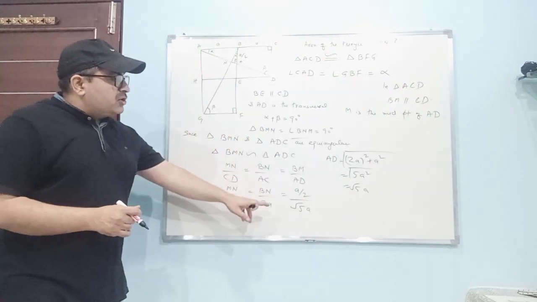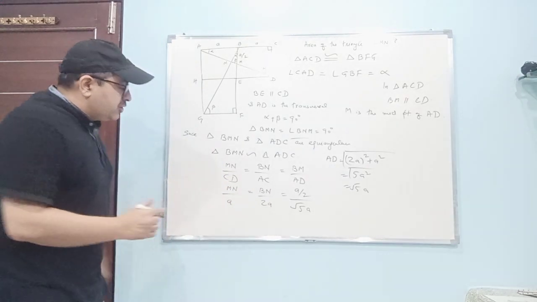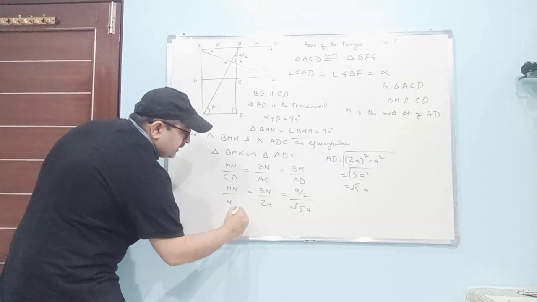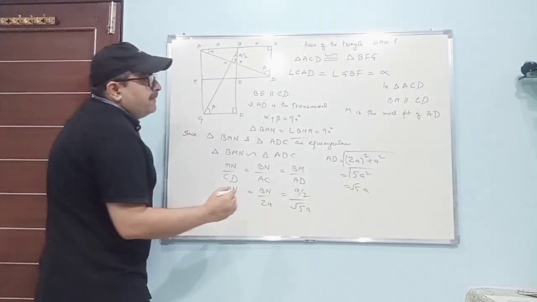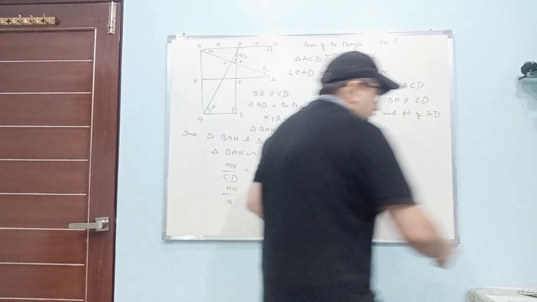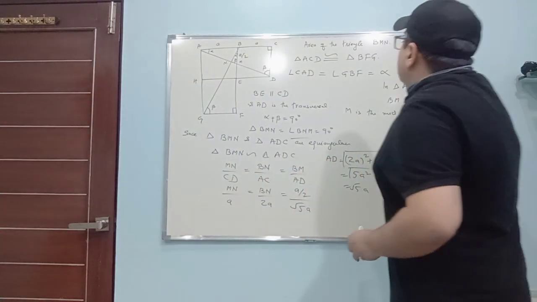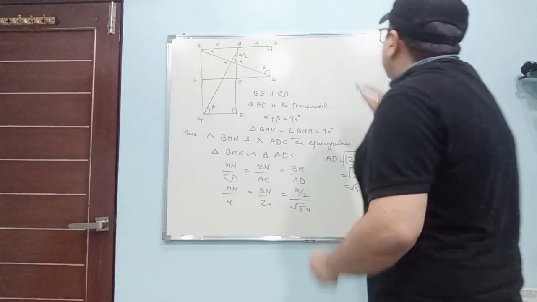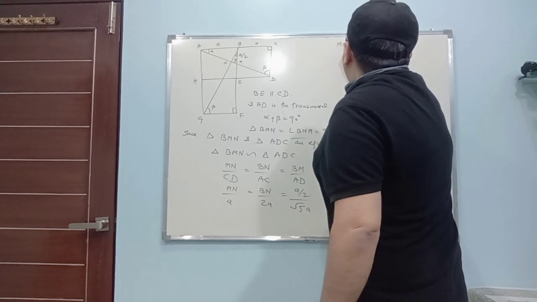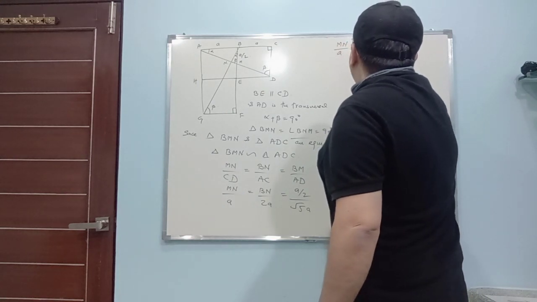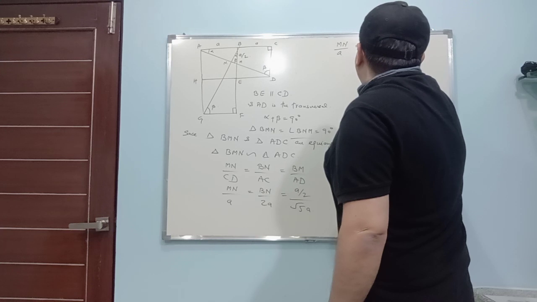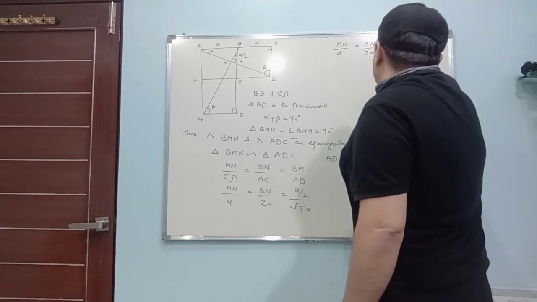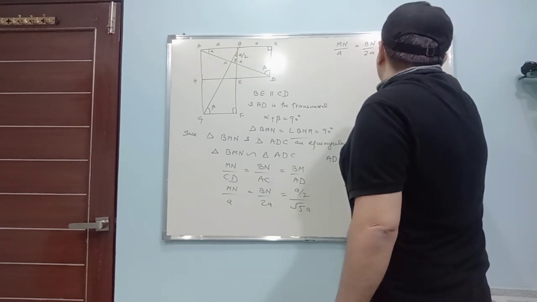So from the third ratio it is clear that MN upon a, तो मैं इसे यहां ले आता हूं. From the third ratio it is clear that MN upon a is equal to BN upon 2a is equal to 1 upon 2 root 5.